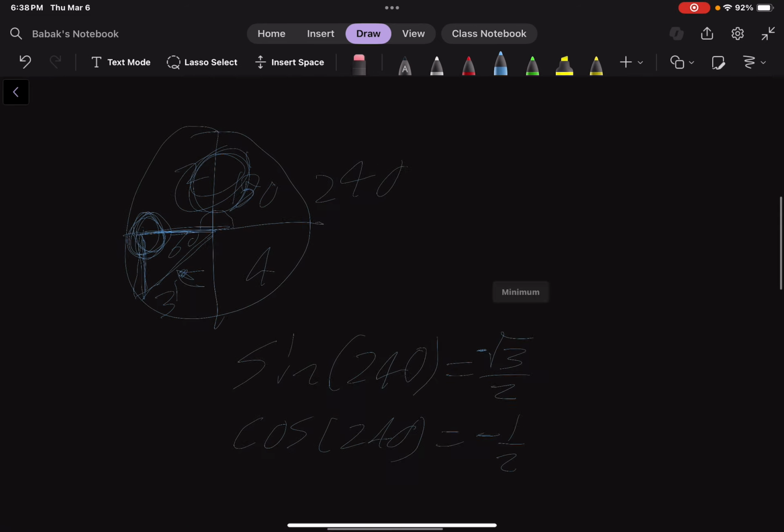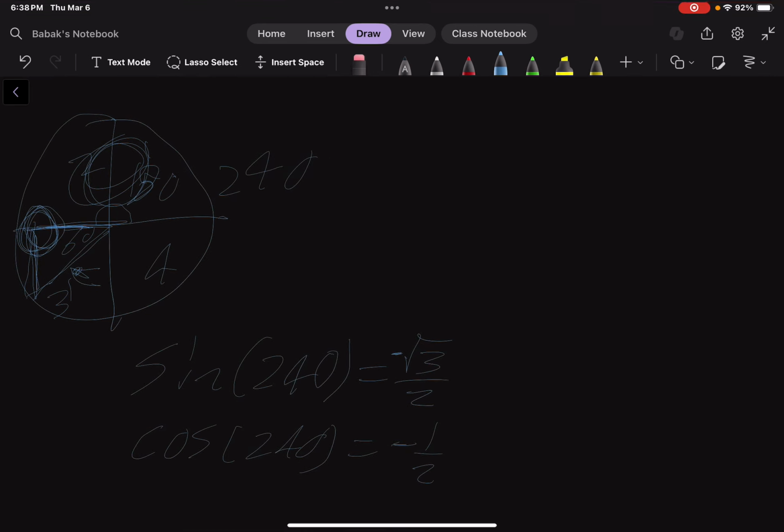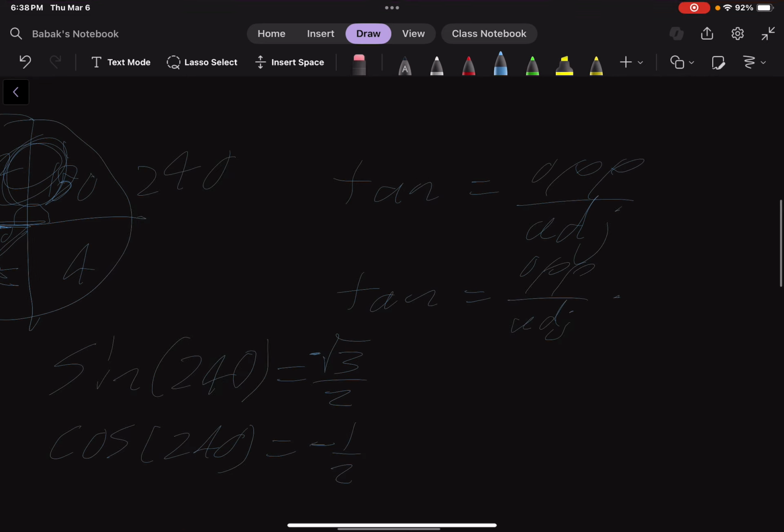Now, furthermore, we had established that tan is equal to opposite over adjacent. We can write this in a different manner. Tan is equal to opposite over adjacent times r over r, r being the radius, or in this case, the hypotenuse. It does not really matter.